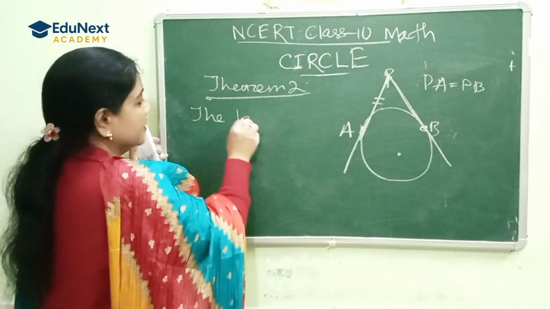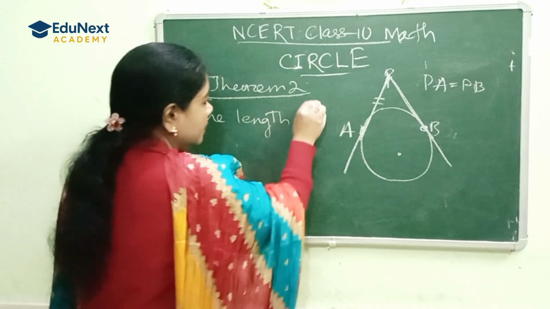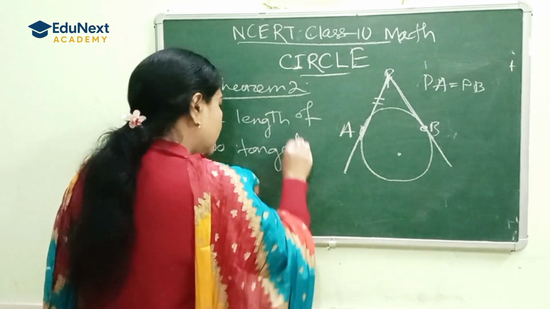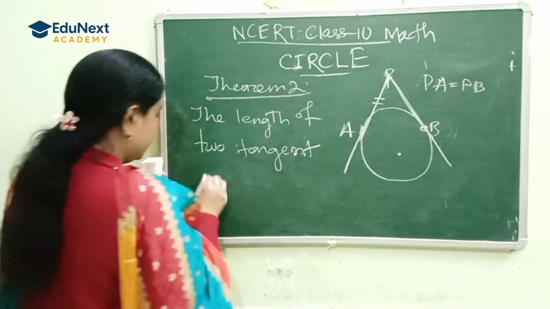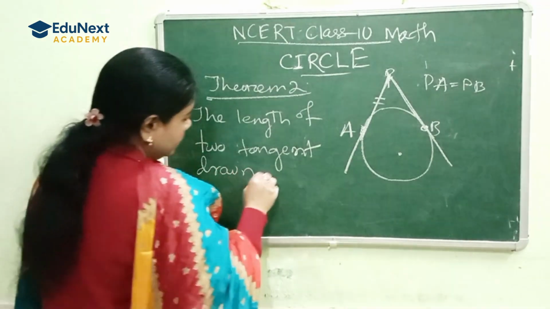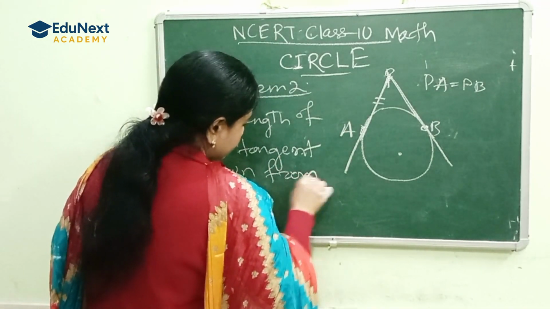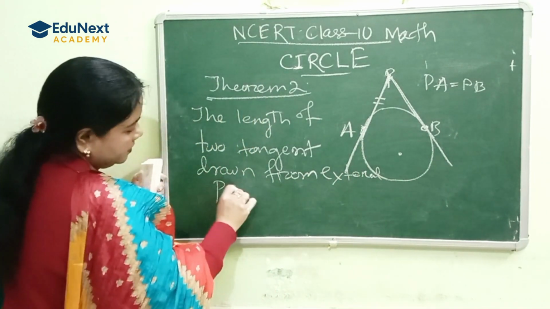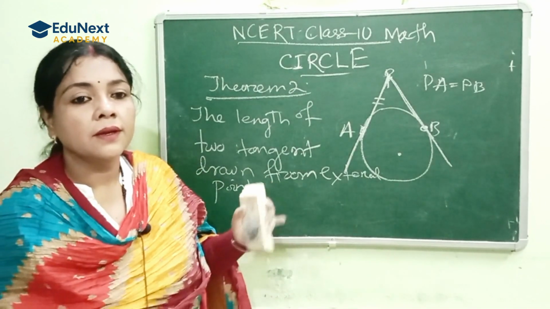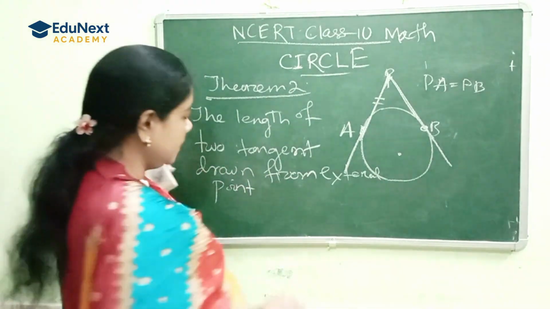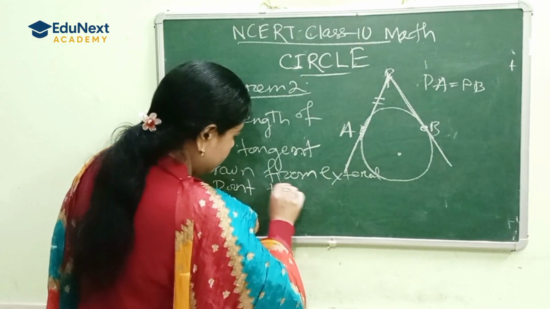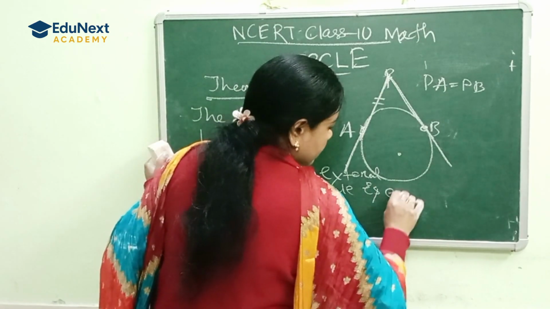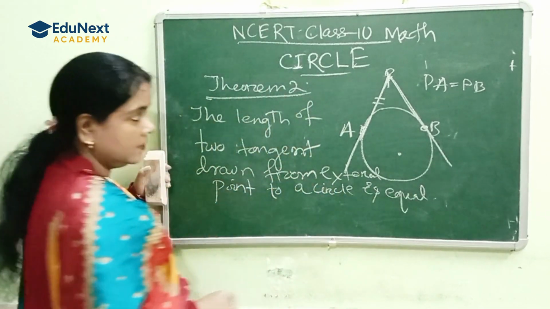The lengths of the two tangents drawn from an external point to a circle are equal.